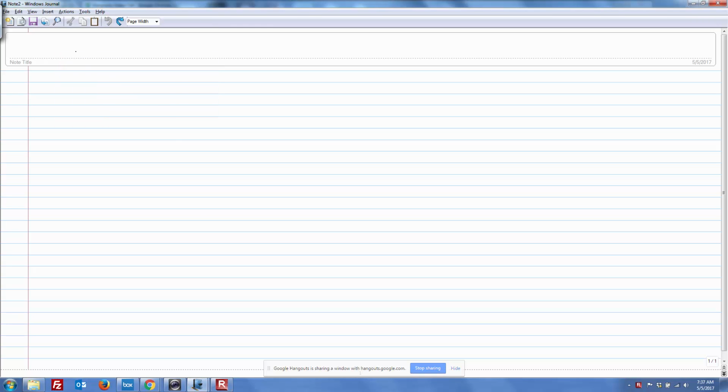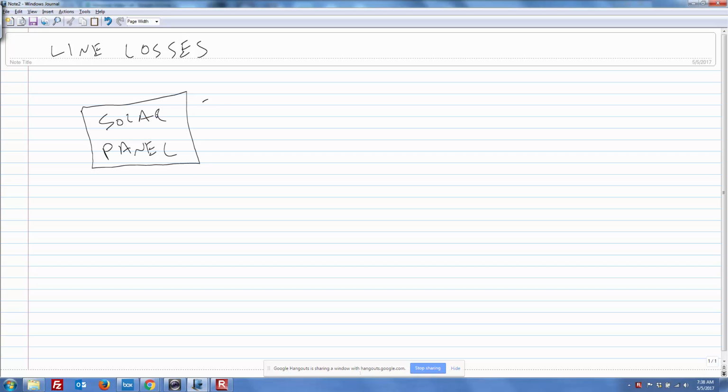Okay, so what we're going to do today is line losses. So if we have a system, and this is going to be a solar panel, and let's say the solar panel is at 300 volts. Okay, and then from the solar panel, we're going to go to the inverter.